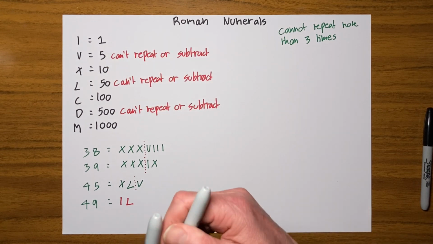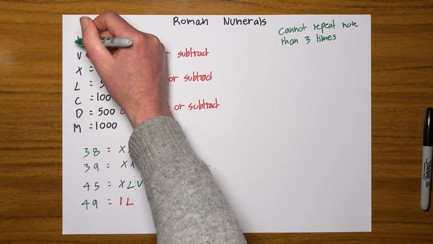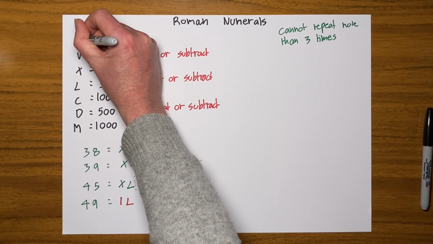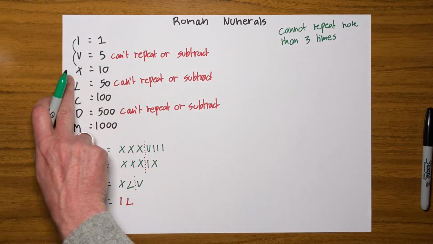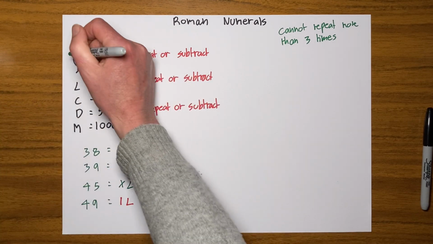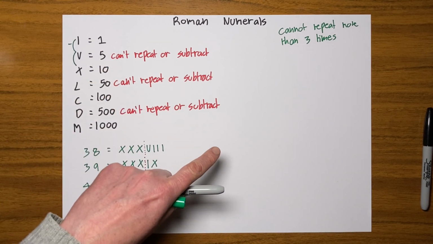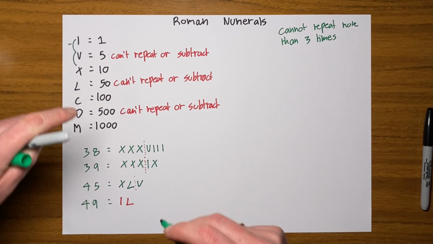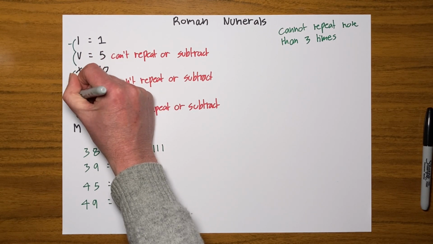So I can subtract 1. Let's see if I can do an arrow here. I can subtract 1 from 5 and from 10, okay? That is not a problem, all right? I'll put my subtract here. I can't subtract 5 anyway, so I'll miss that out. I can subtract 10 from 50 and from 100.